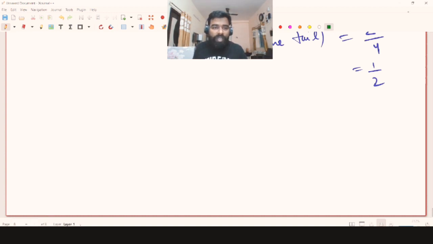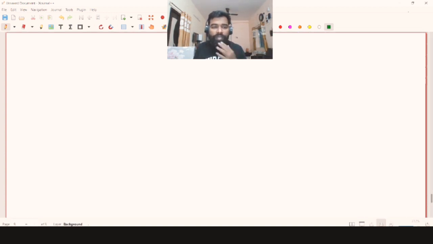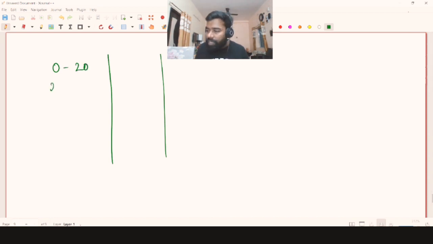So missing frequency is the next one. We have a table where we have intervals: 0 to 20, 20 to 40, 40 to 60, 60 to 80, and 80 to 100.